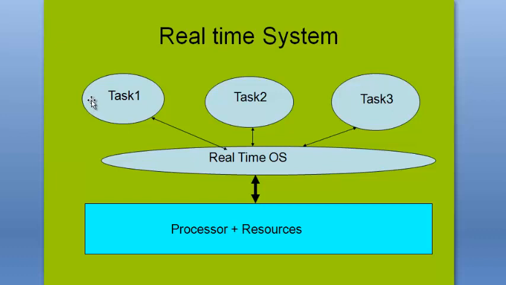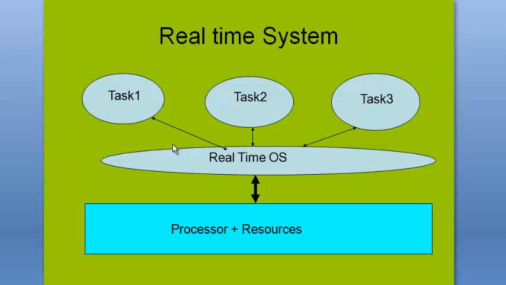So instead of statically allocating memory to the speech processing, you can dynamically allocate memory when the speech processing starts and release the memory when it ends. In that way, the same memory can be used by the other tasks whenever they are running. So this memory management also is done by the operating system. These two are very important functions.